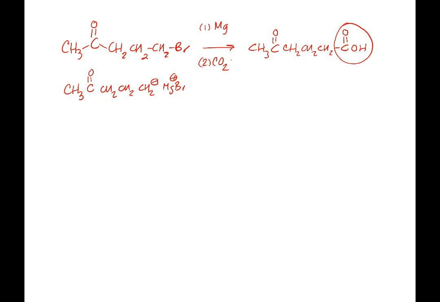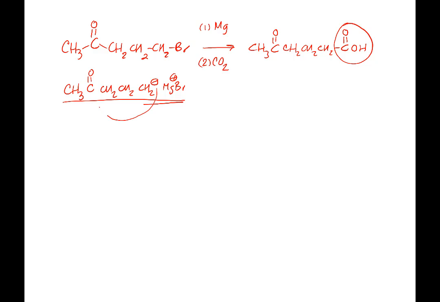Now, here's the problem with this molecule. Grignards react with aldehydes and ketones, or they would deprotonate things. So if I turn this part of the molecule into a Grignard, what's it going to do? It could attack itself.